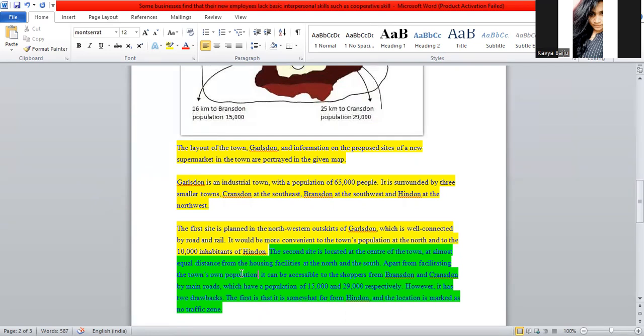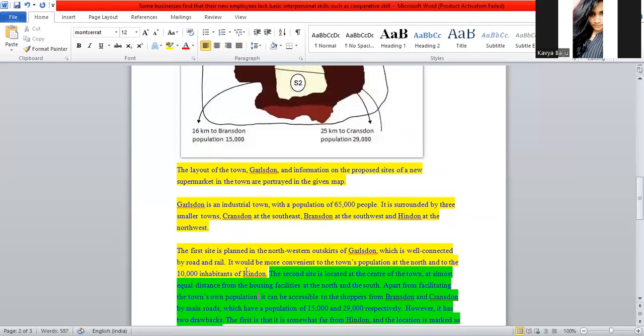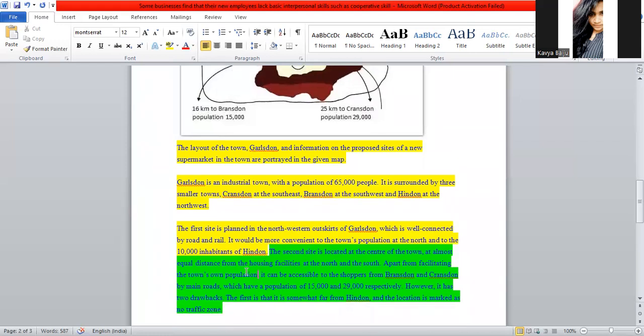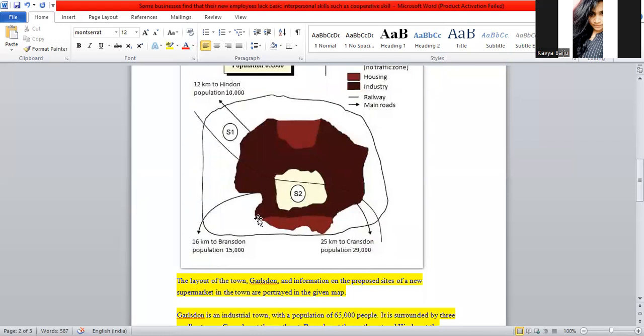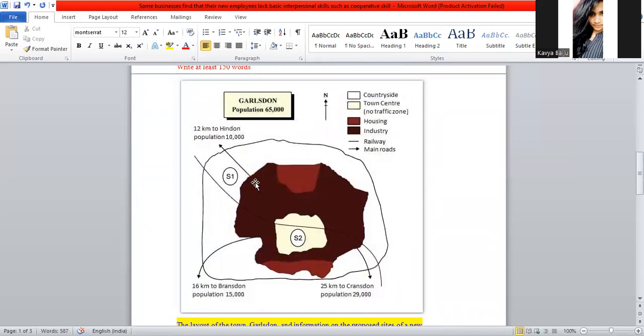However, it has two drawbacks. The first is that it's somewhat far from Hindon and the location is marked as a no traffic zone. So I have to make a small change here. If I calculate, Hindon is the nearest town to Garlsdon and Cranston is the farthest one.